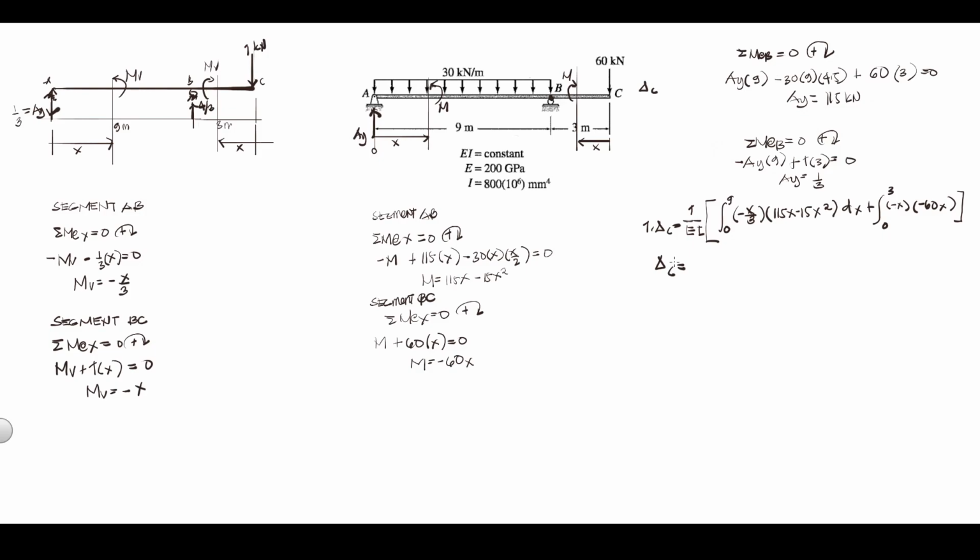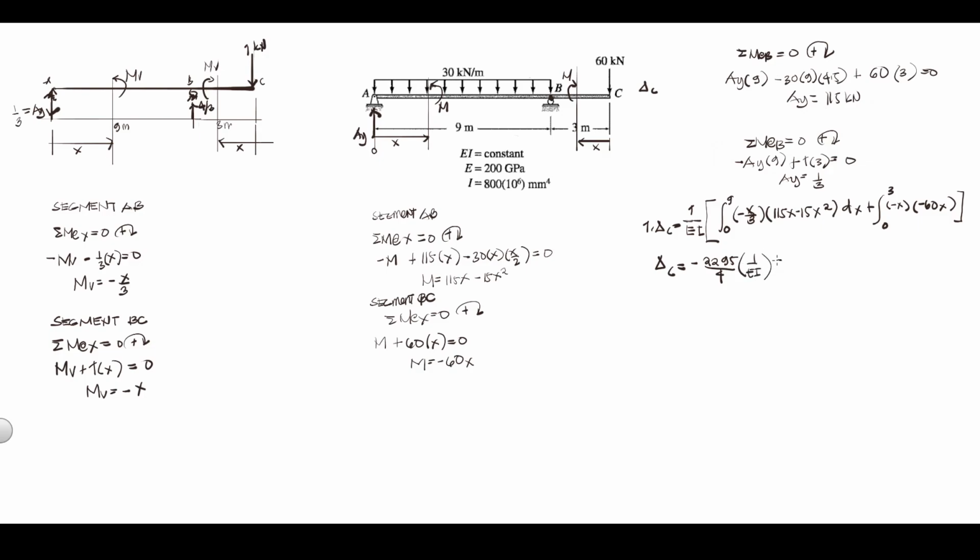Okay? I think 0 to 3, 0 to 9, pwede na natin i-equal to. Check muna natin kung tama yung pinaglalagay natin sa calcu. 115, negative 15x dx. Okay na. Input lang natin siya. Equal sign. Lalabas negative 2295 all over 4 times yung 1 over EI natin.